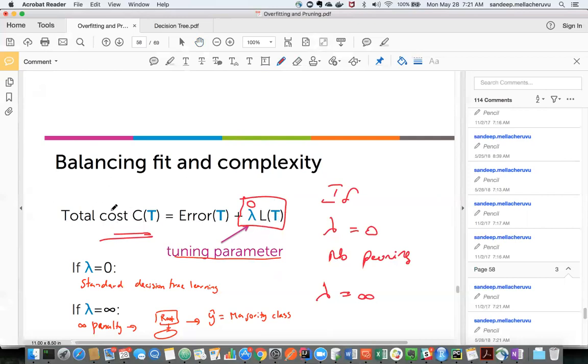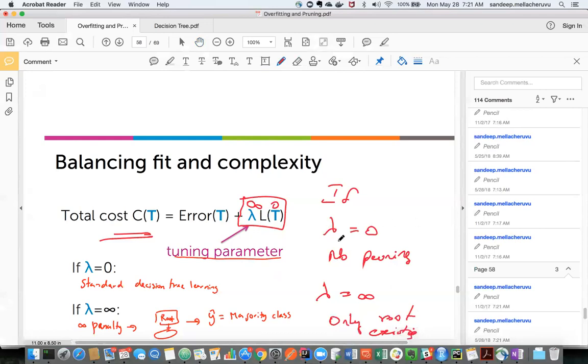Your cost cannot be too much. So if lambda is too large a value, to offset that, the number of leaves in the tree will become 0. What does it mean? Only the root node exists. Are you clear or not?